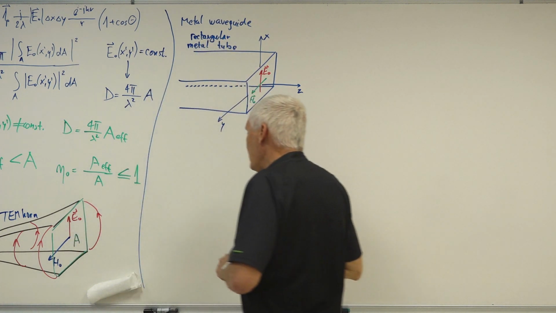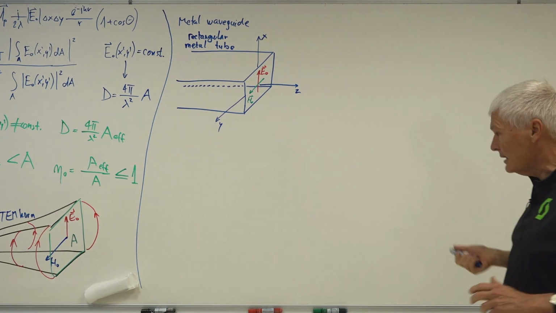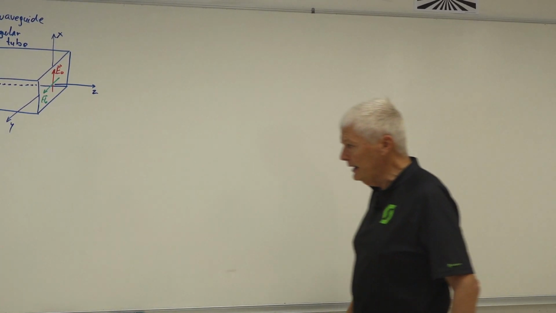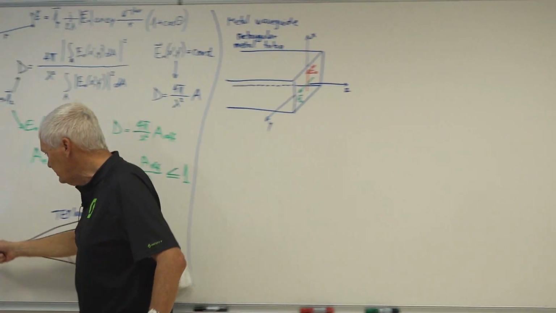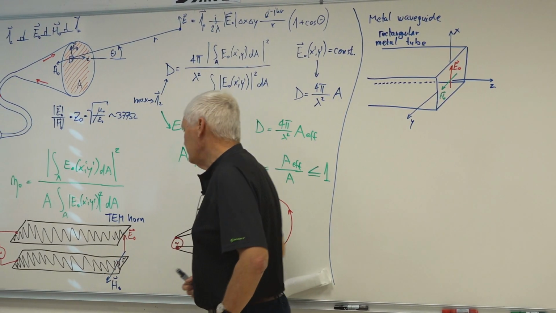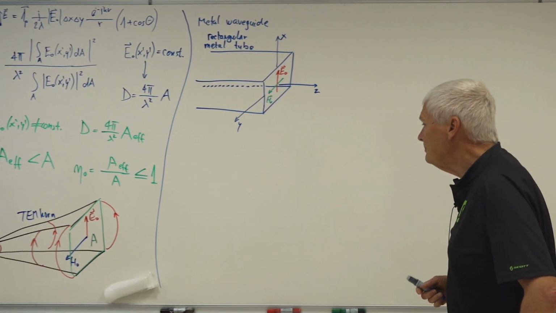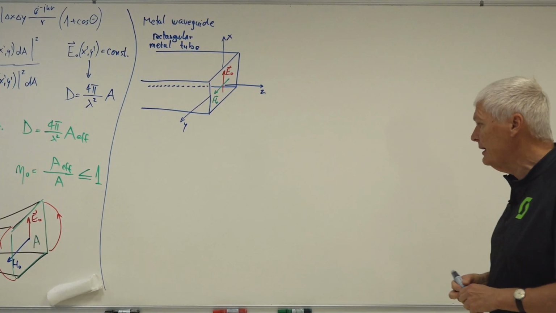So we may not have stray fields getting around, like in the case of the unshielded parallel plate transmission line.